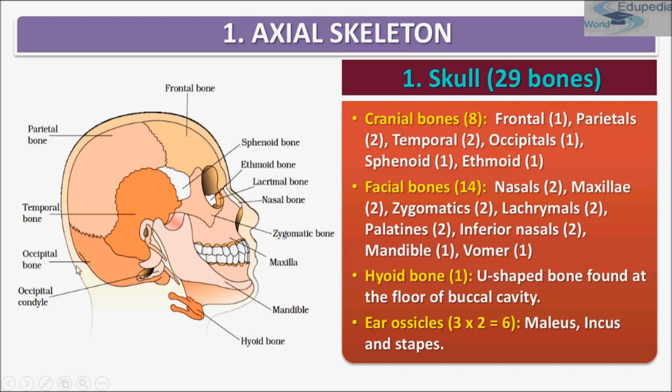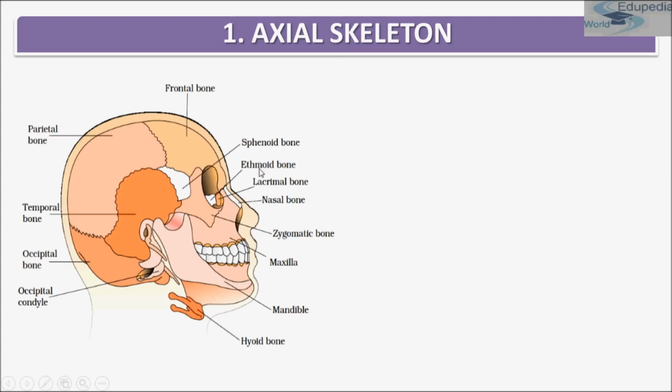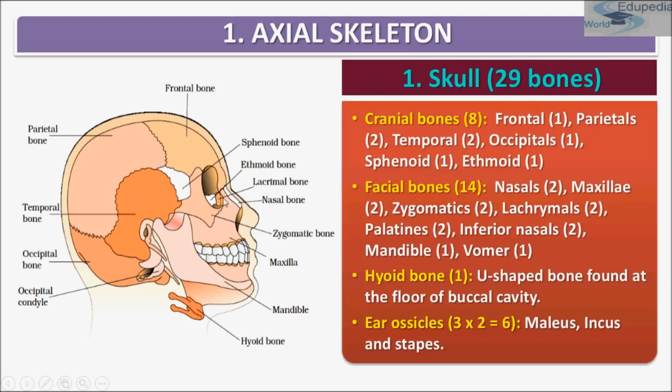Then occipital bone, which is 1 in number. And sphenoid bone, just adjacent to the temporal bones. This is temporal bone, and this is sphenoid bone. Then comes ethmoid bone, which is again 1 in number.